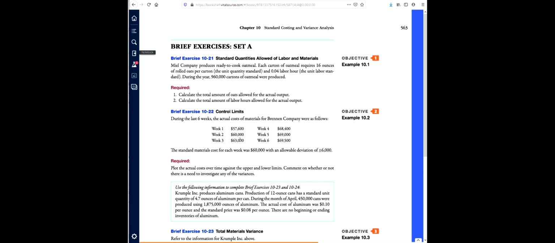This is just a quick and dirty illustration of how control limits are used to help management determine which variances would require further investigation, so that you're not chasing things that from an accounting perspective aren't material or don't matter.